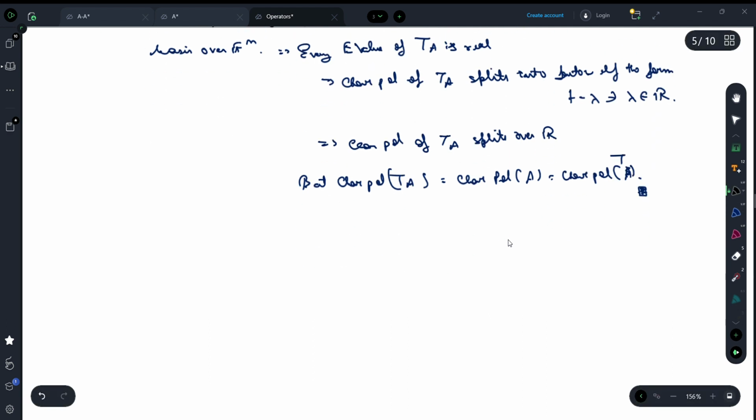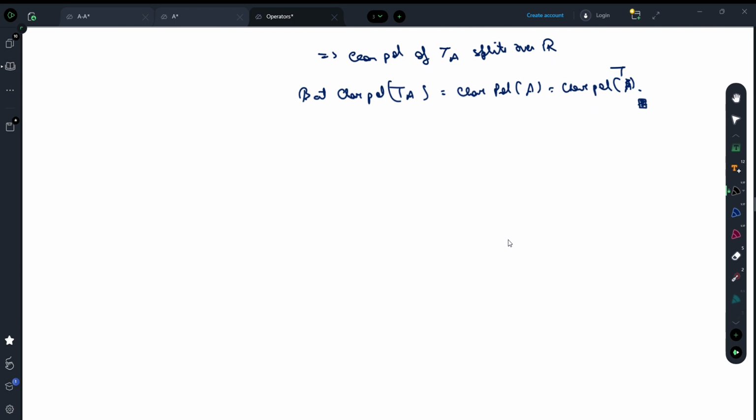And now we come to the theorem which I wanted to prove: if I consider a self-adjoint operator, then I can equivalently talk about the existence of an orthonormal basis of vectors. Let T be a linear operator on V, where V is a real finite dimensional inner product space.